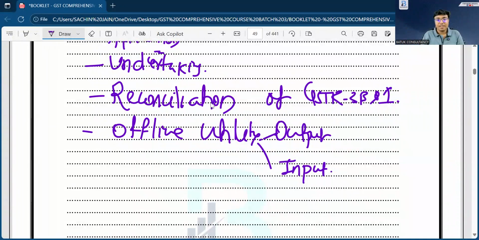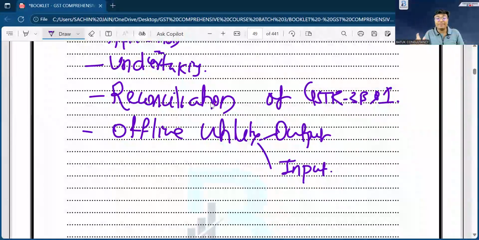The reason is that the government is demanding the complete list of net ITC invoice-wise, because the net ITC you are going to put comes from purchases. So you have to put invoice-wise detail, and on each invoice put a remark that this invoice is available in 2B.